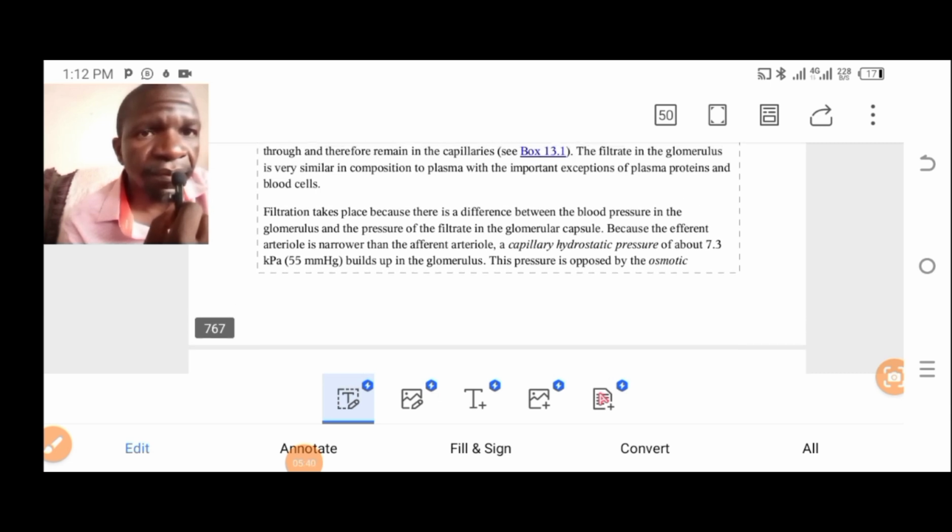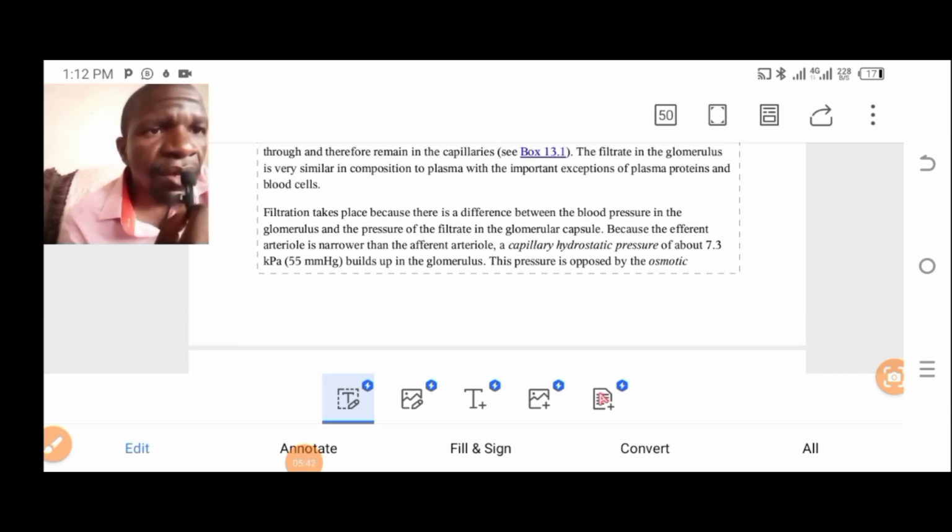The other issue is the difference in the caliber, or the size, of the afferent and the efferent arteriole. The fact that one is narrower than the other sets up the pressure difference, thereby allowing the process of filtration to take place.